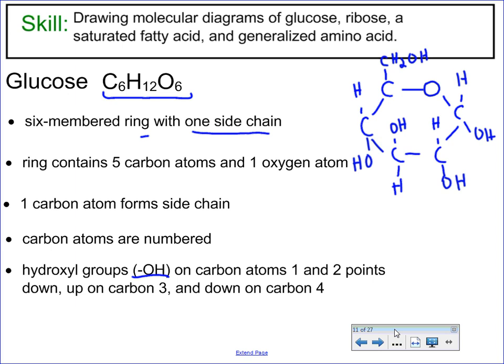The carbon to the right of oxygen would be labeled as carbon 1, and then we go around clockwise labeling our carbons: carbon 2, 3, 4, 5, and then carbon 6 makes up the side chain in glucose.